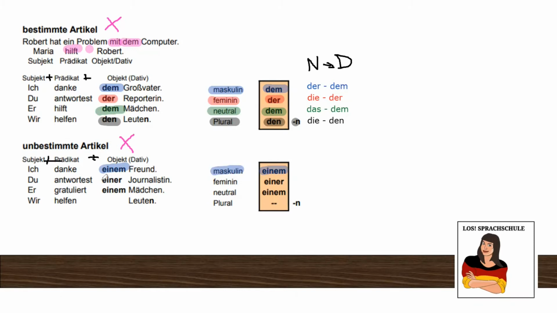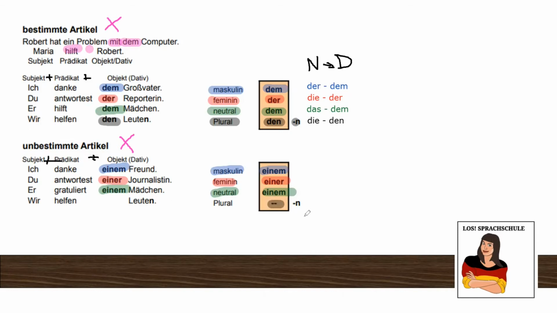Ich antworte einer Journalistin. I'm answering a female journalist. So female becomes einer. Gratuliert einem Mädchen. He congratulates a girl. Neutral becomes einem, like the male one. And for plural, wir helfen Leuten.